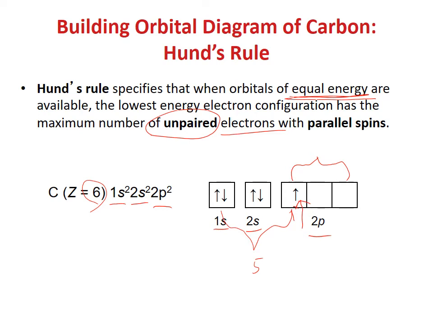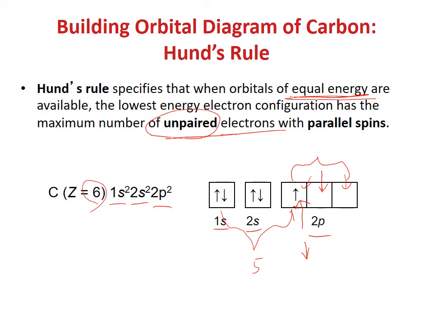That means the 6th electron must be spin down, and the 2 electrons are paired. That's against Hund's rule. Hund's rule says it has the maximum number of unpaired electrons, and therefore the last electron cannot go to the same orbital as the 5th electron. It has to go to a different orbital, either here or here.